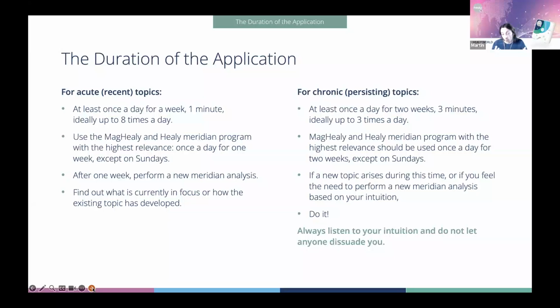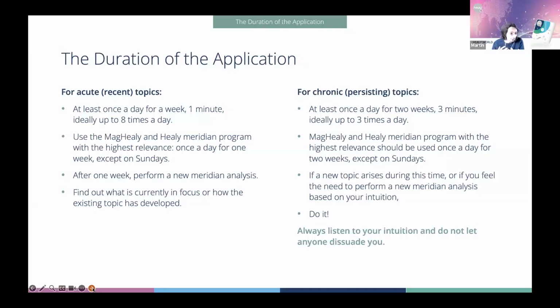And always, I cannot stress this enough, listen to your intuition and let no one persuade you to not do it. There's a very good example. It's like if someone asks to marry you, or you ask someone to marry you. If it feels right, do it.